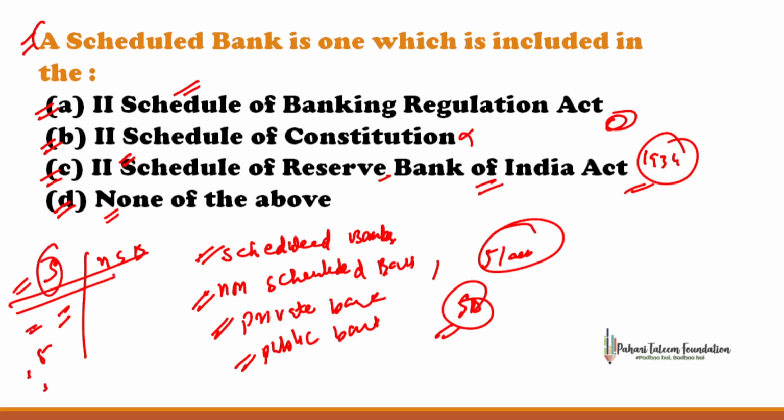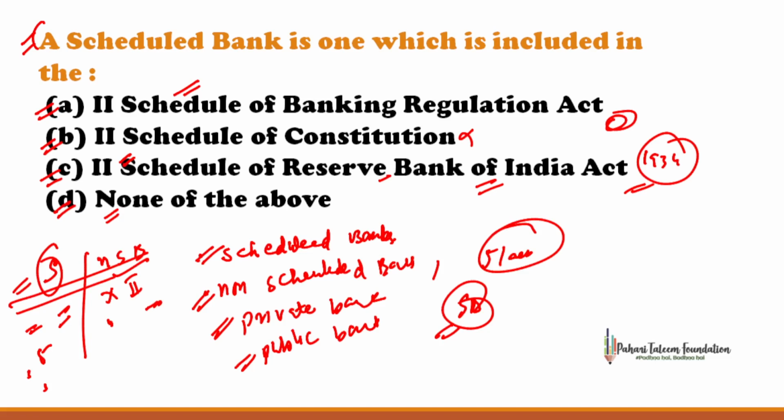And if we look at non-scheduled banks, they are not listed in the second schedule of the RBI Act. Second, there is no such condition that needs to be fulfilled for it to be considered a non-scheduled bank.